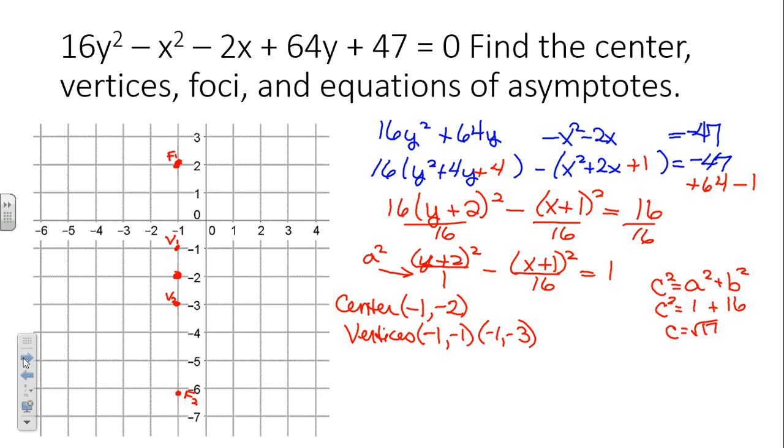Yep, square root of 16 is 4, so the square root of 17 will be a little bit more than that. And so the x is not changing. We keep the x the same, but it's the -2 that's adding the square root of 17 and subtracting the square root of 17. So you can certainly leave it as plus or minus the square root of 17.